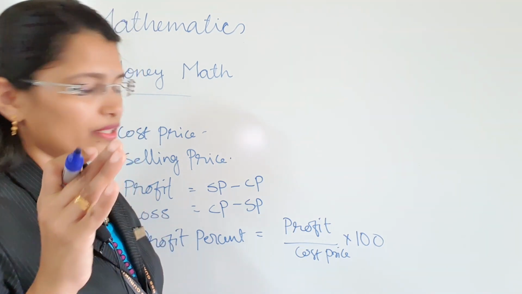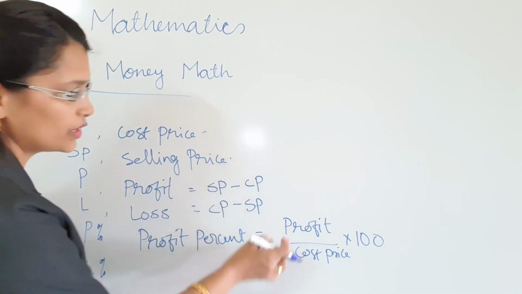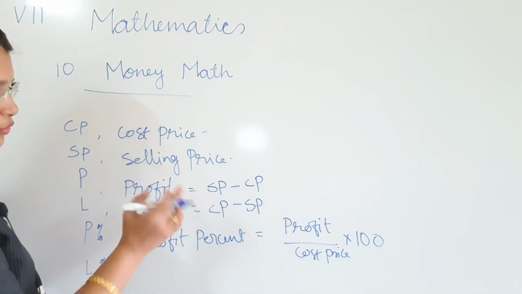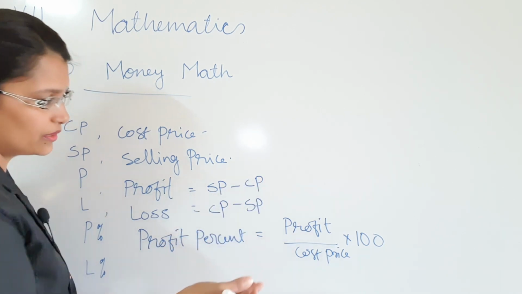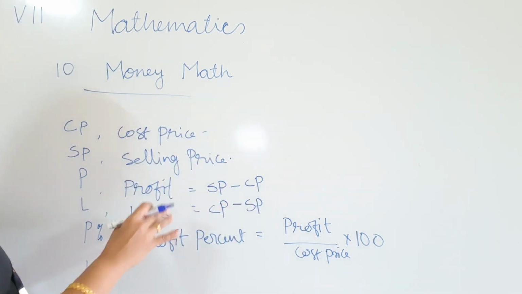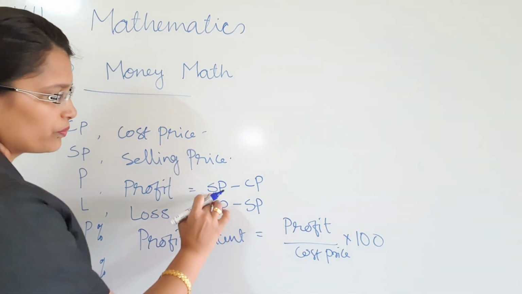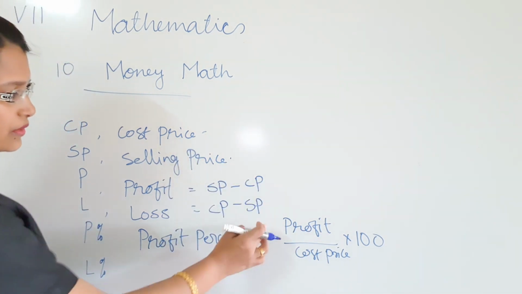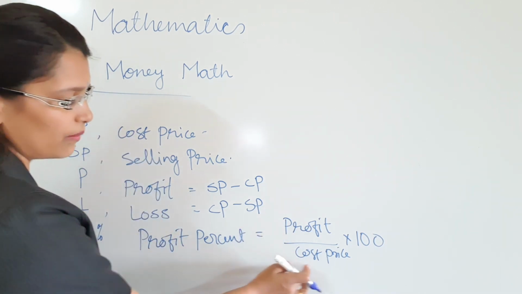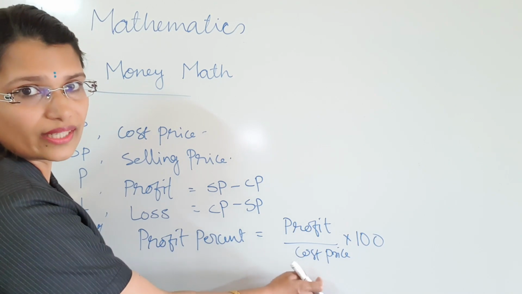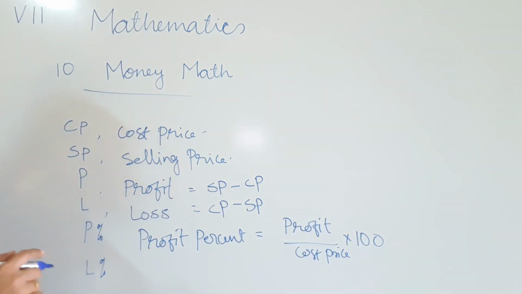In your book, some questions are there to find out profit percent. So you have to apply this formula, profit. How do you find out profit? Either you can find out SP minus CP, or it's already given in the textbook. If it is not given, you have to find out like this. So profit divided by cost price. Always this upon cost price. Don't write selling price here. Profit divided by cost price into 100.